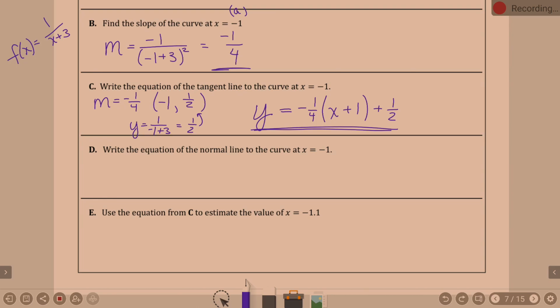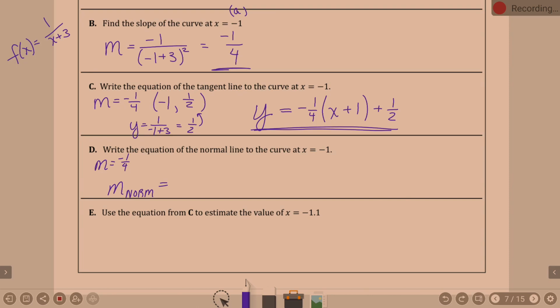D. Write the equation of the normal line to the curve at x equals negative 1. The opposite of slope. Okay, the key is to get the new slope. Originally, our slope was negative 1/4, but we need our normal slope. And what's our normal slope then?